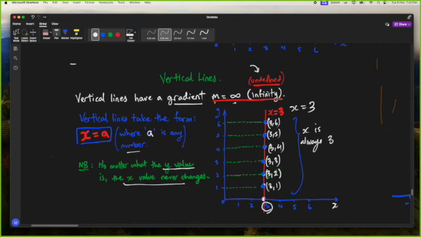If the y value is 2, x is 3. If the y value is 3, x is 3. If the y value is 4, x is 3. If the y value is 5, no matter what y is, x is always 3. So this is the vertical line x is equal to 3.